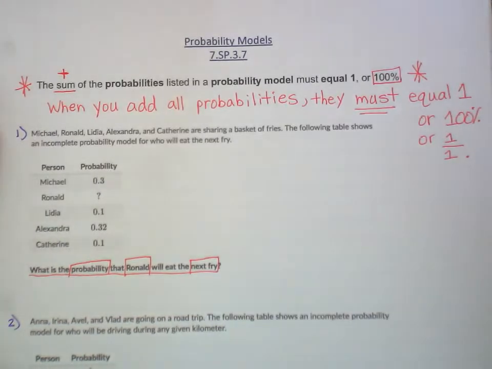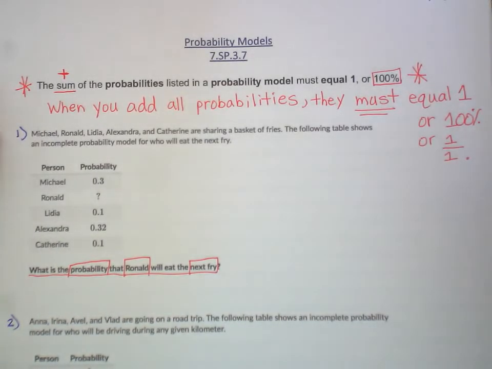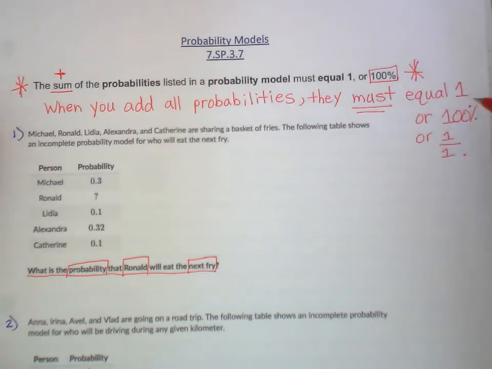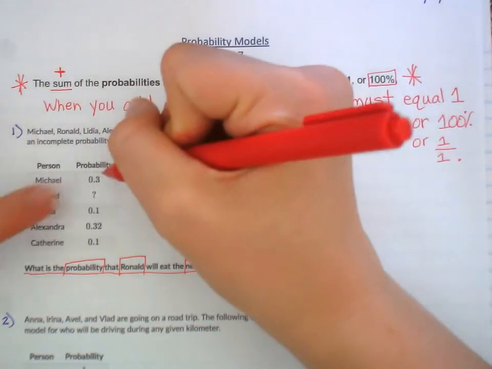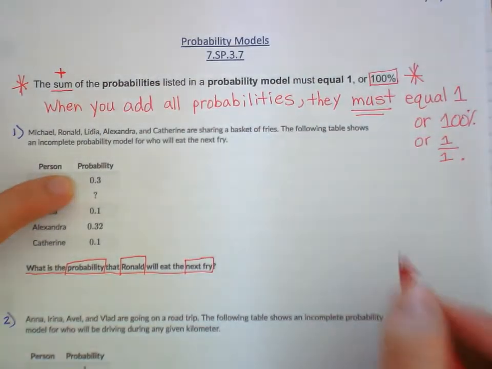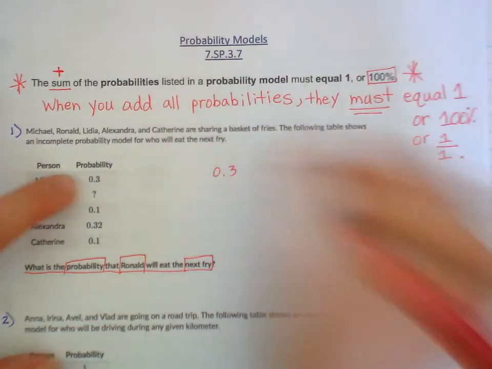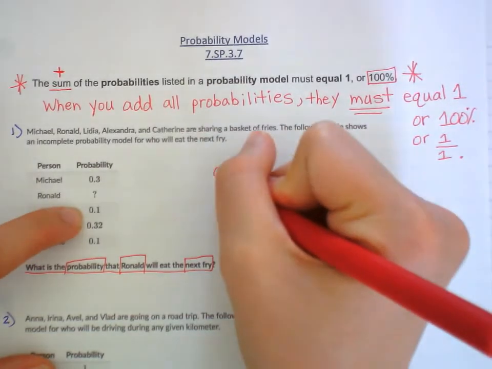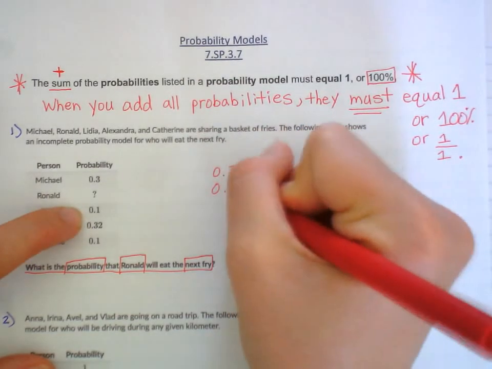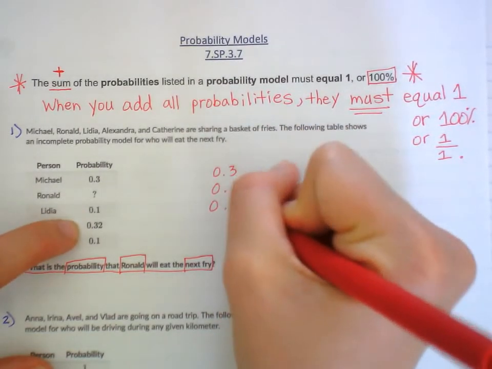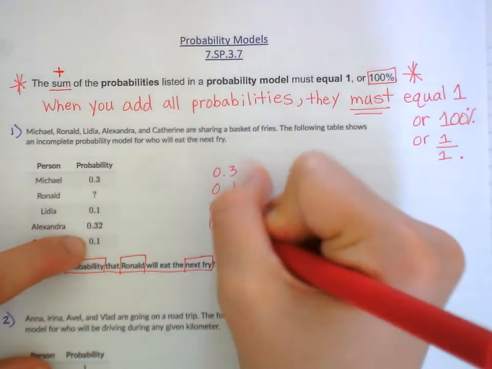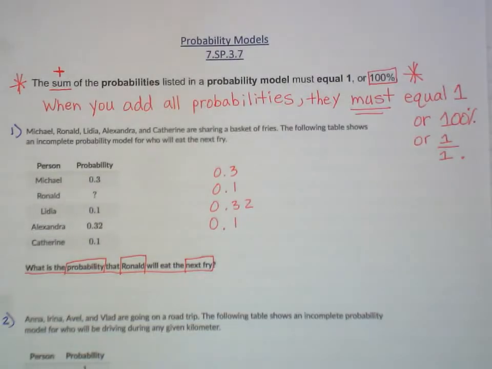Okay, so what you have to know, they have to add up to 1. So right now we're going to add up what we already have. Right now we already have 0.3, 0.1, 0.32, and 0.1. You can add them up with a calculator or you can add them up by hand.